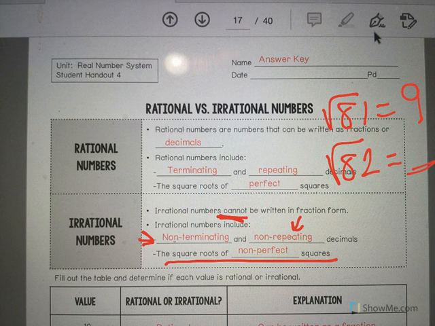Anytime you see on your calculator that it doesn't end, it's non-terminating. The most famous irrational number is pi. It goes on forever and it doesn't repeat.